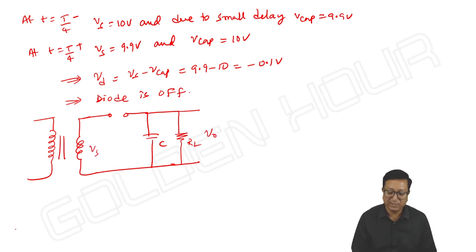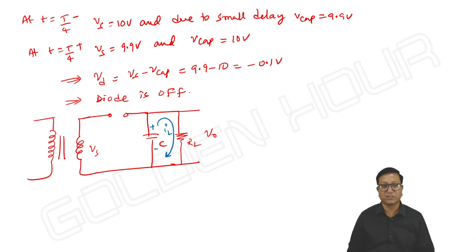This is how we can take it. Now, what happens to the capacitor? Earlier there was no path for the capacitor neither to charge nor to discharge. Now we can see a path for the capacitor to discharge.